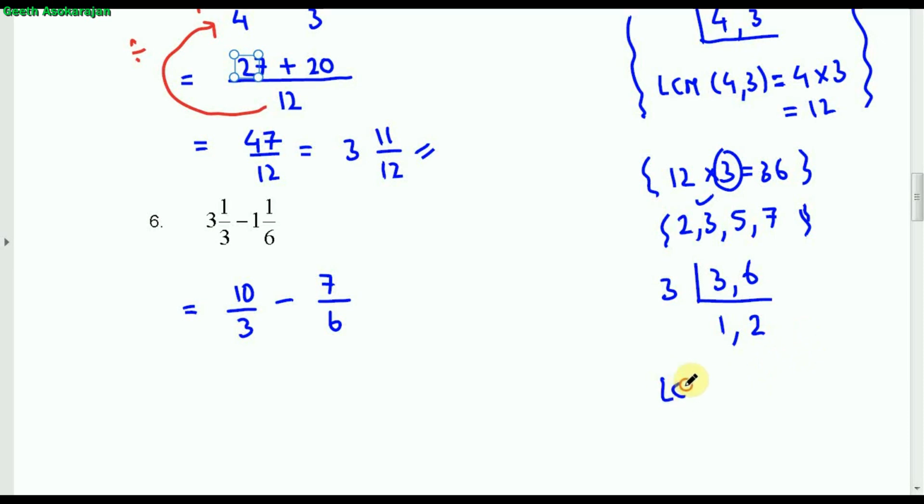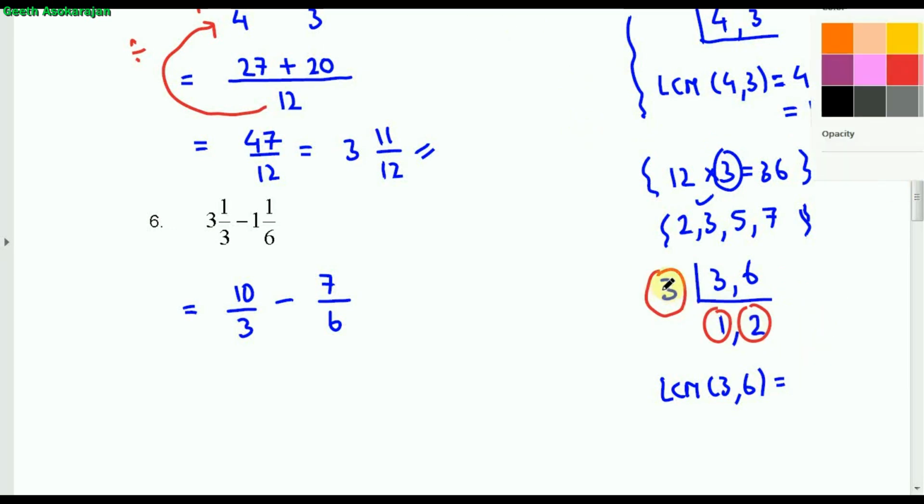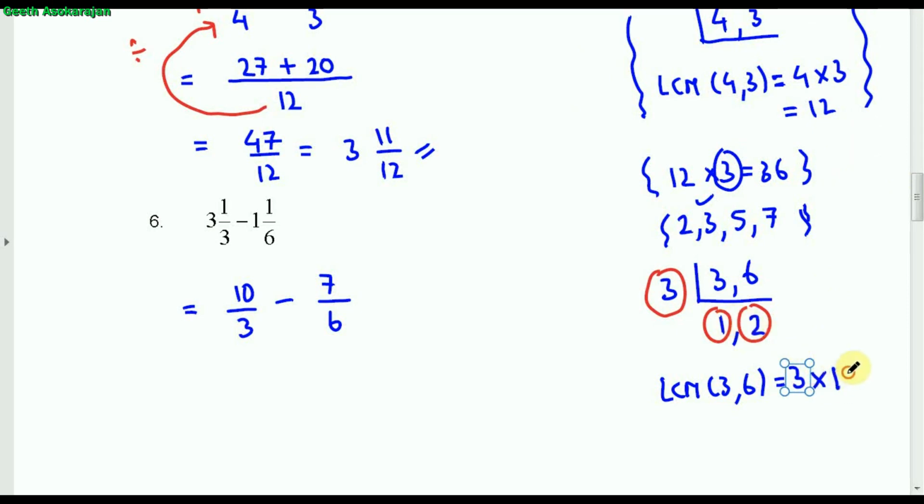So we say that the LCM of 3 and 6, so if I take my red pen, I'll multiply the 3 by the 1 by the 2. So if I revert to blue, I'll multiply that 3 by that 1 by that 2.